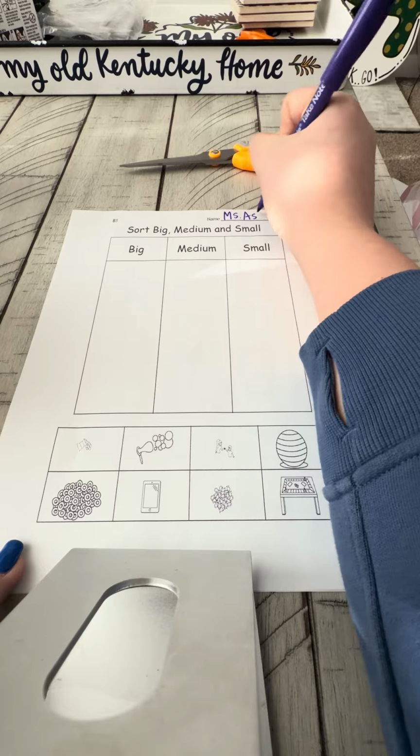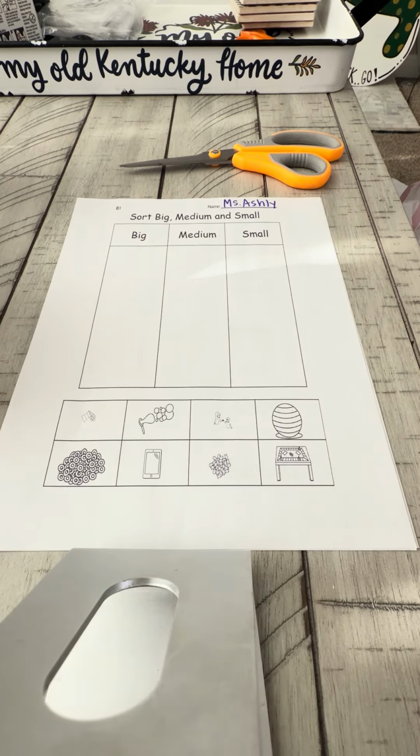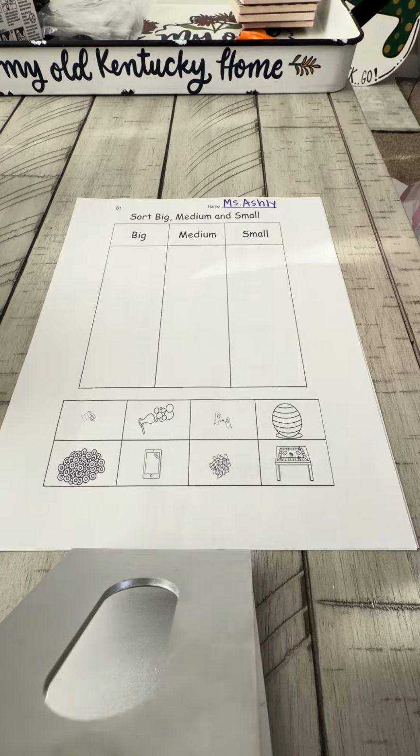All right, so we will start with our name, of course, and then we're going to need our scissors to cut out the pictures at the bottom.